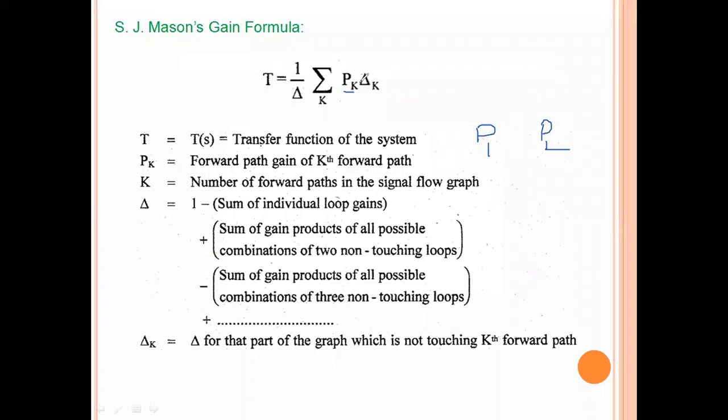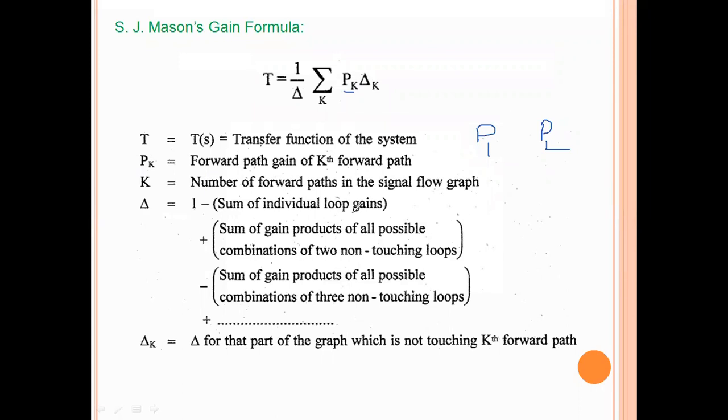What is delta k? Before knowing about delta k, we need to know about delta. Let's see what delta is. Delta is calculated with this formula. You can see 1 minus, and in the brackets, the sum of individual loop gains. We know how to determine individual loop gains.